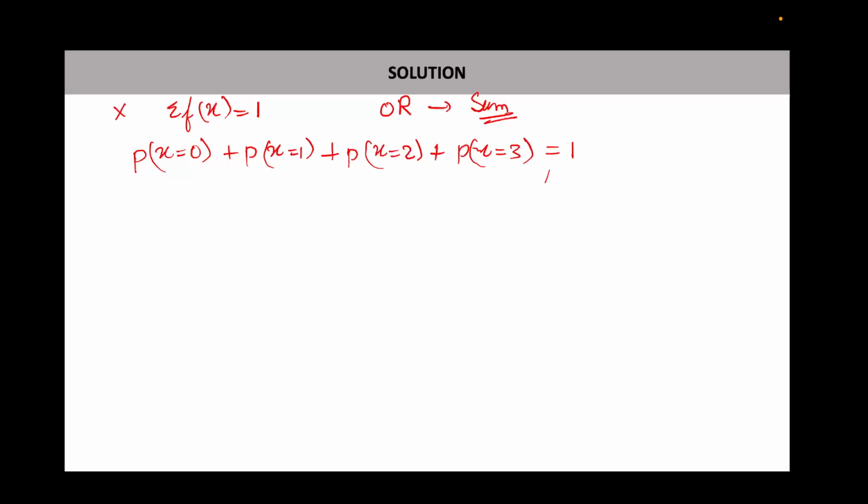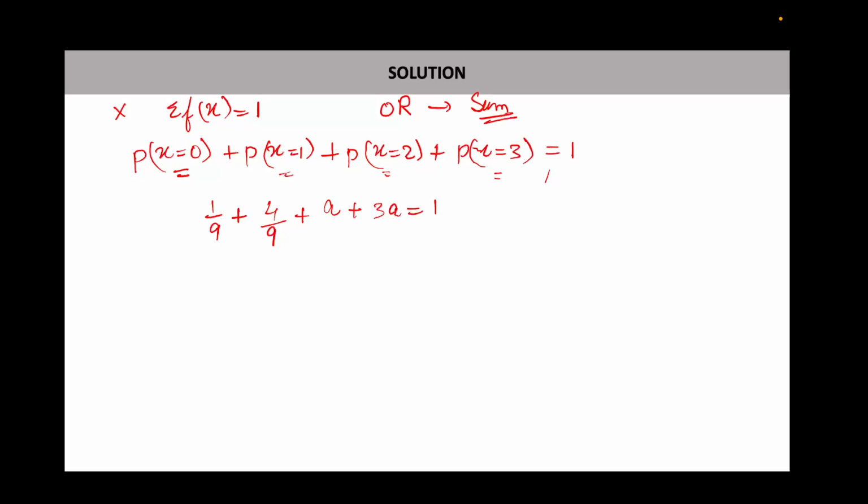Now we have the values for all the probabilities, which are given in the question itself. So probability of x being 0 is 1 by 9, probability of x being 1 is 4 by 9, probability of x being 2 is a, and probability of x being 3 is 3a. And the summation is 1. So now we simply have to solve this equation.